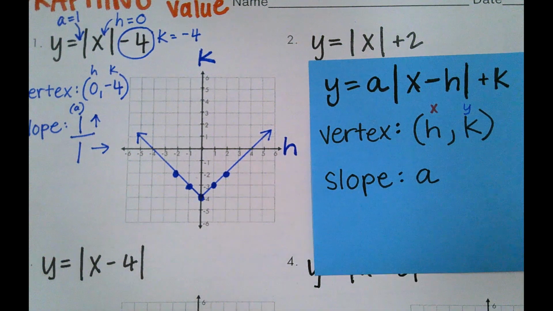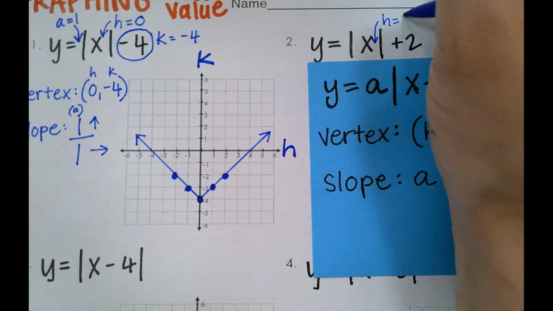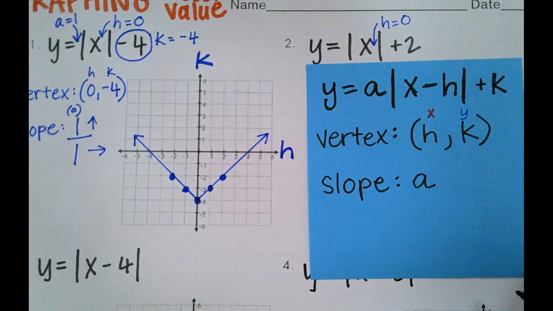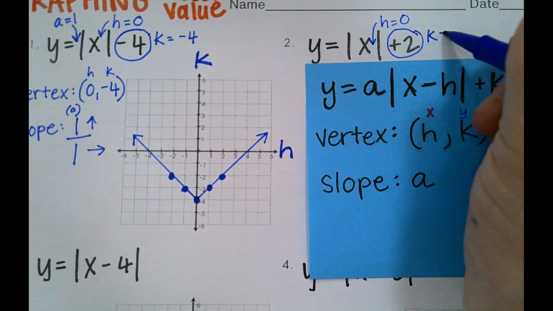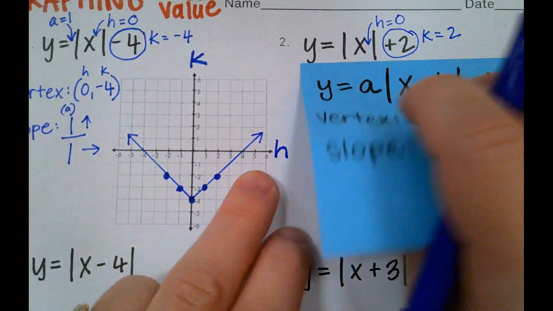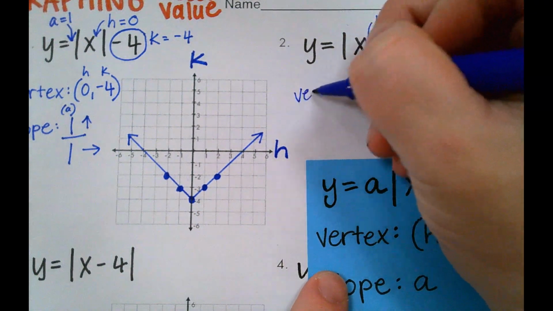I don't, so it's 0. Good. So no number, H equals 0. How about K? 2. K is 2. So if H is 0, K is 2, what is my vertex? 0, 2.